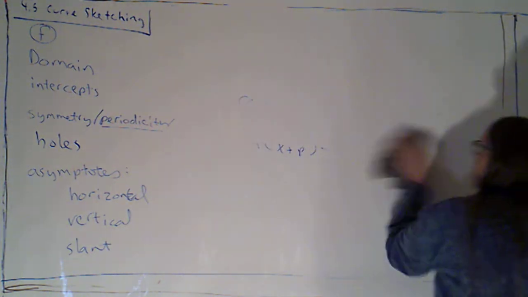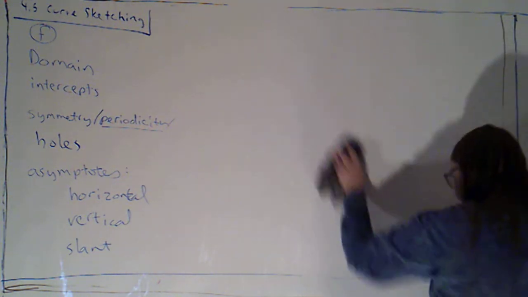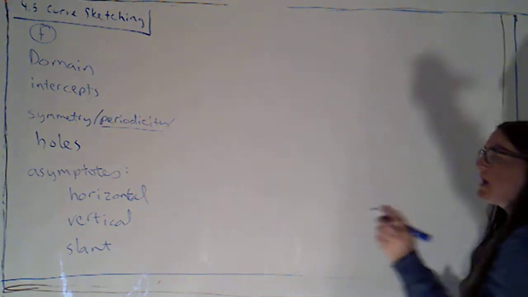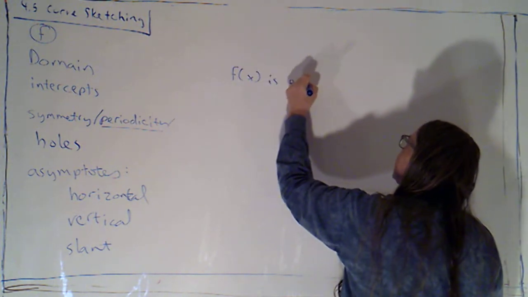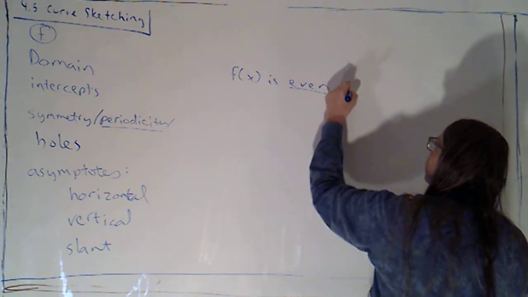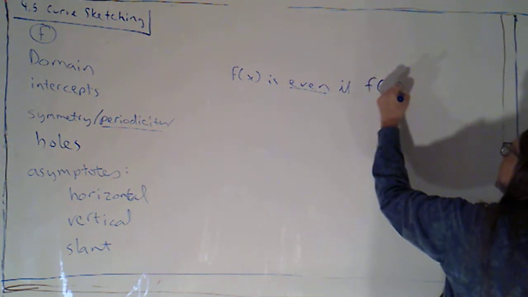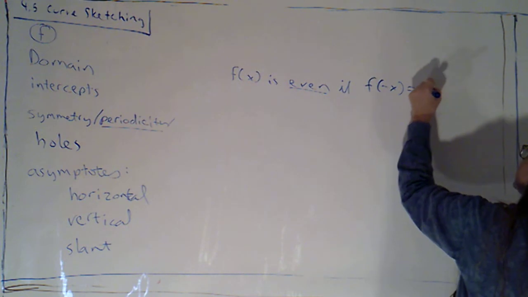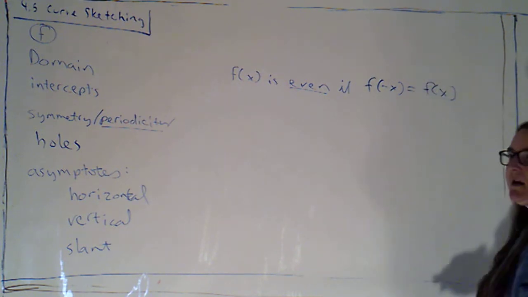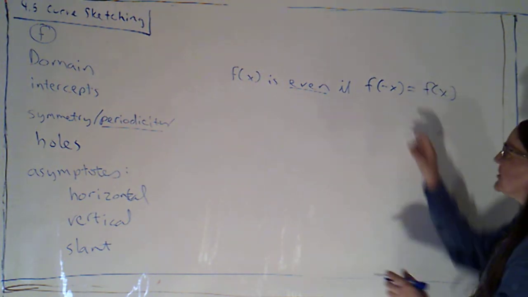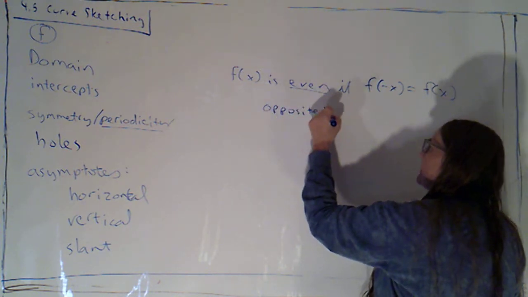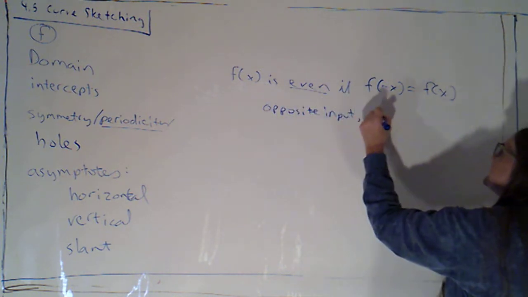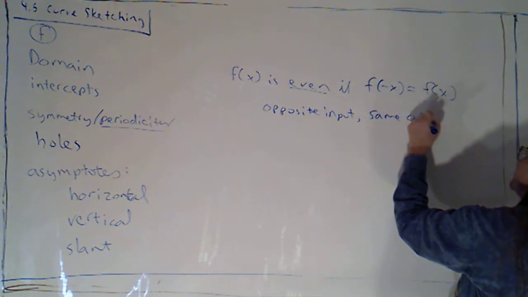Symmetry, though, a lot of functions do have some type of symmetry. So I want to remind you, we say f of x is an even function if f of the opposite of x is the same as f of x. So basically, opposite input yields the same output.